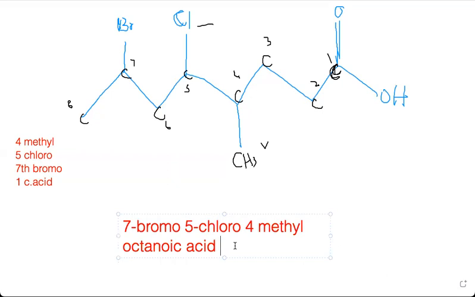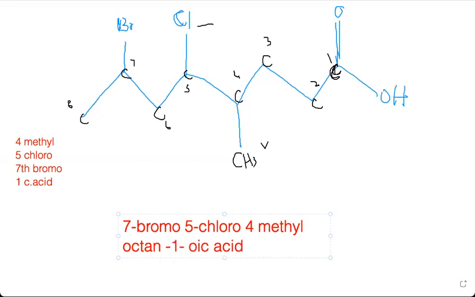I can say 1-carboxy, but you have to write it like this: 7-bromo, 1-carboxy, 5-chloro-4-methyl, octanol, whatever is there. So right now this is octanoic acid. Or if you want to go into more detail, you can say octane-1-oic acid. That is also good.